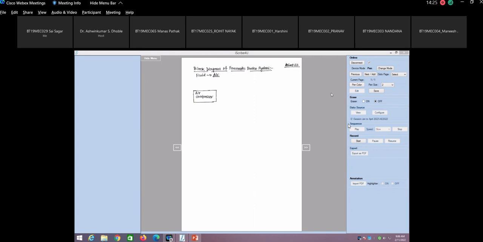Then after the air compressor, there is some device. I will not name it. Let us check whether you know that device or not, because here you have to use the common sense of mechanical engineering. Then there is another device which you usually see when you go to the fuel station for filling air pressure in the tire.